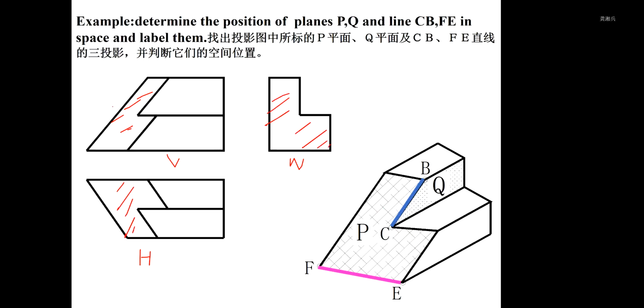Q is parallel to the front plane. So this one is Q. The other two planes should be accumulated into one line. So this is Q.